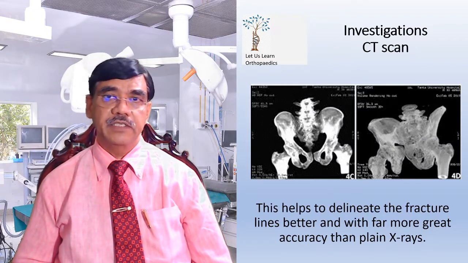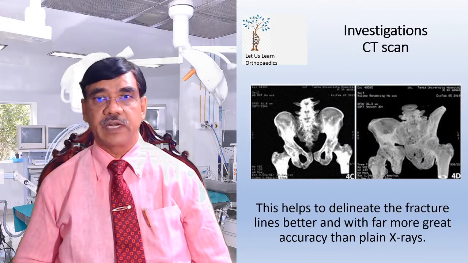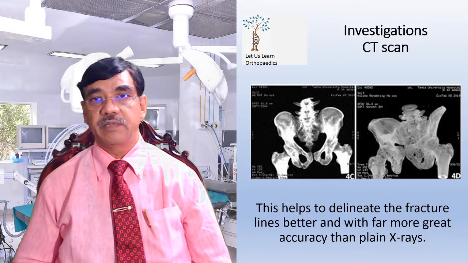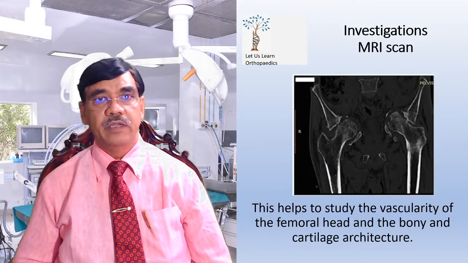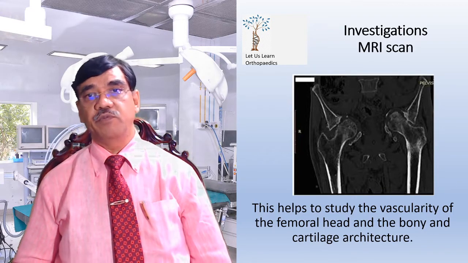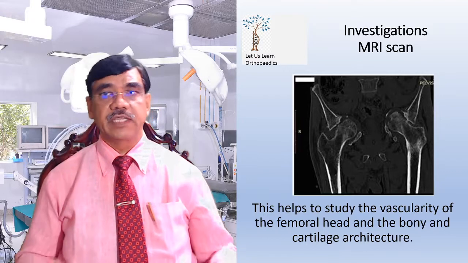The CT scan helps to delineate the fracture lines better and with far greater accuracy than plain X-rays. MRI scan helps to study the vascularity of the femoral head and the bony and cartilage architecture.